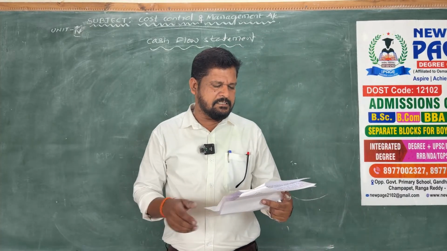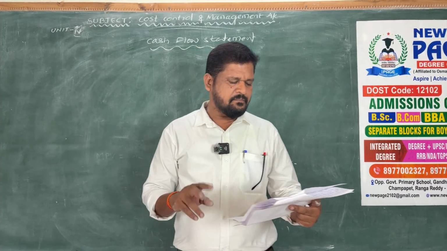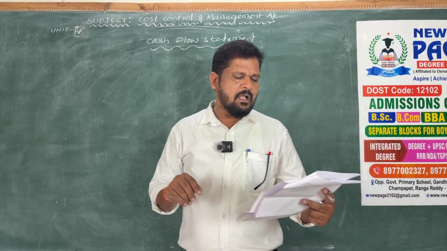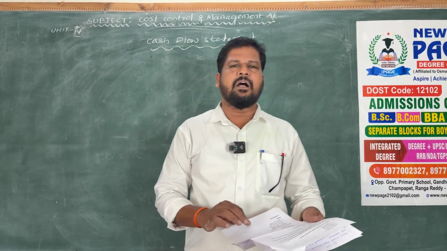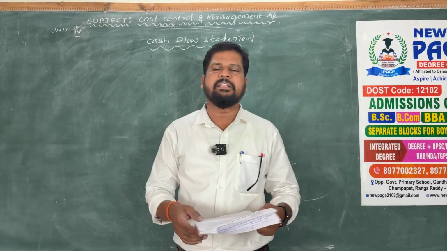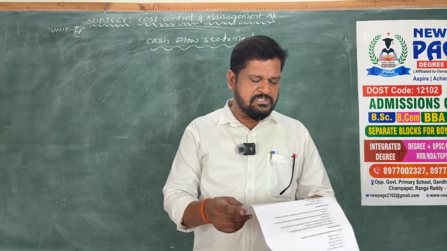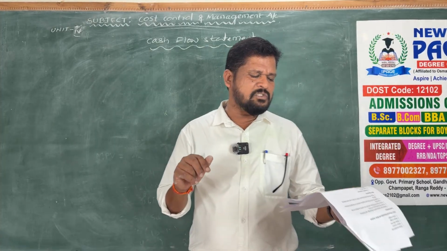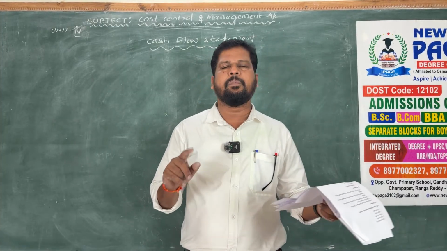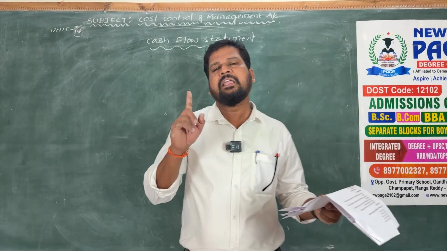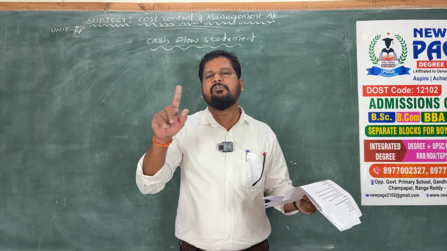And the third unit, short questions: comparative statement, trend analysis, common size statements, and liquidity ratio and current ratio. Right? In fourth unit, short questions: define funds flow statement. What is working capital? Simple, compulsory question. Define working capital.